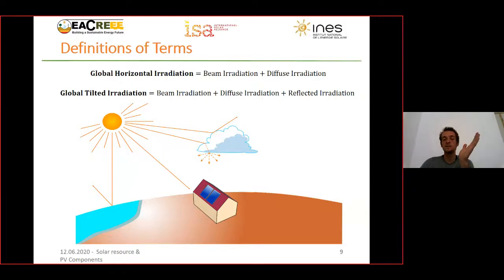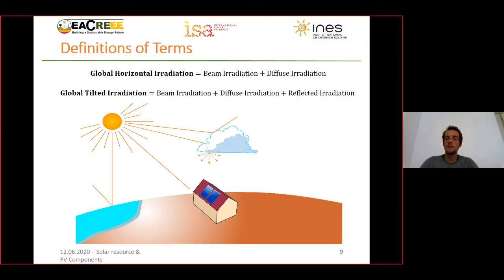If you use a tilt plane, which is often the case for solar energy, you will have to add a third term, which is reflected energy. You know that some energy can be reflected at ground surface, depending on basically the brightness of the surface. So if you have snow, which is very bright, you will have a lot of reflected energy.